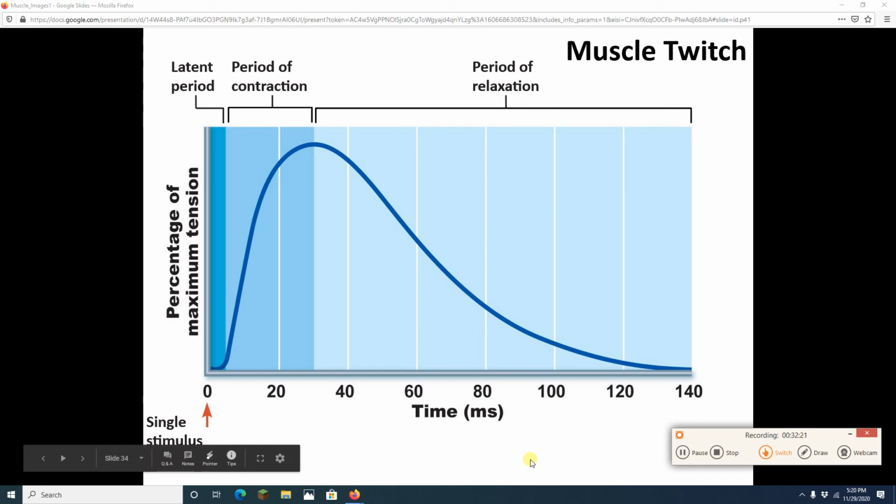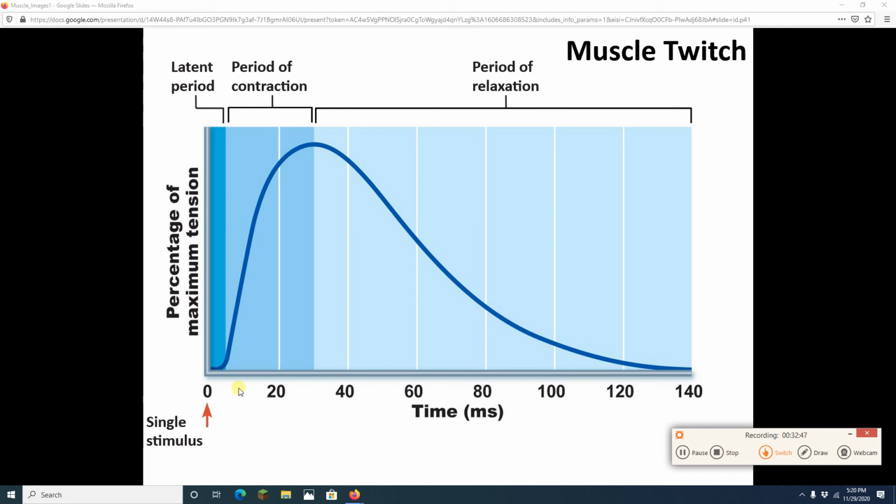So if I stimulate my muscle cell at time 0, there's a little period where nothing happens yet as far as generating tension. Then there's a period where tension is generated, a period of contraction, and a period where tension falls, a period of relaxation. And the whole combo of these three, the relaxation, the contraction, and the latent period where no tension is developed yet, that's called a muscle twitch.